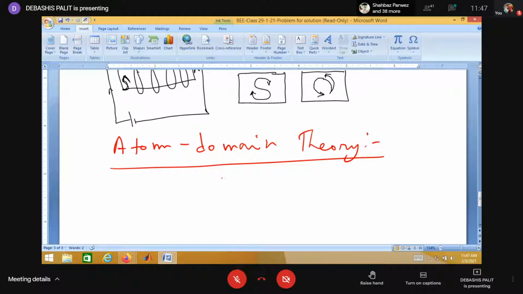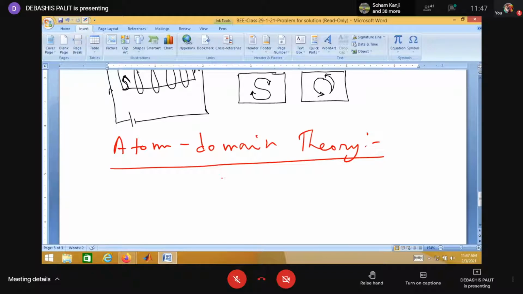It doesn't behave like a magnet. But when it is influenced by another magnet, the electron spin also changes, and the net positive electron spin is not exactly equal to the net negative electron spin.